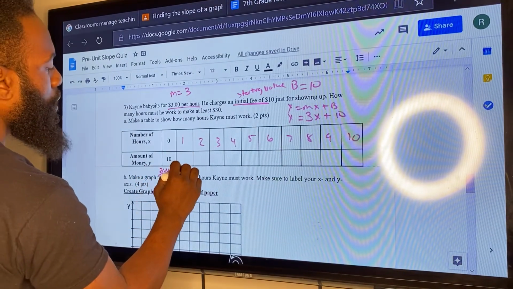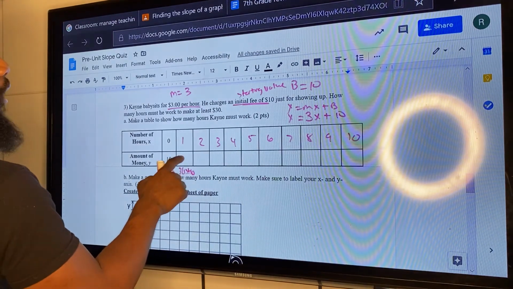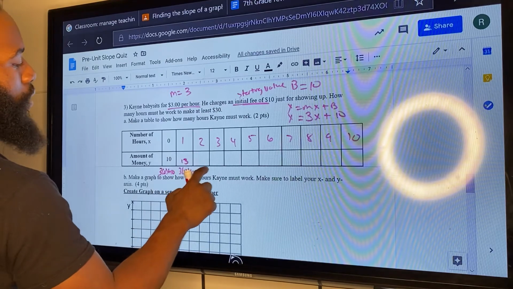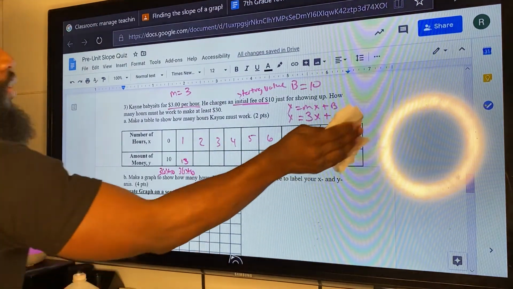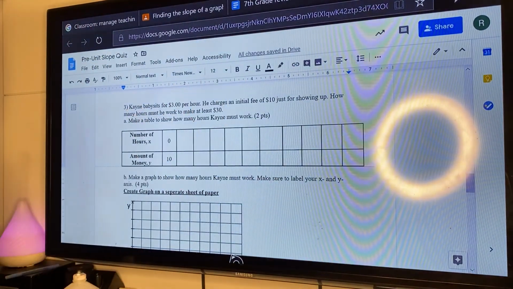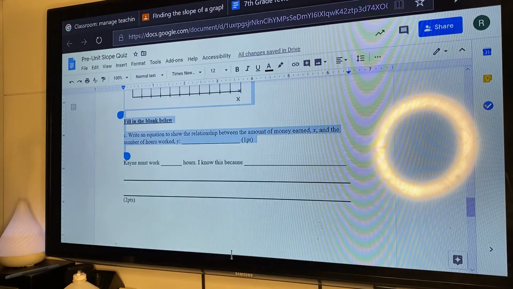Here will be 3 times 1 plus 10. That answer will give you the value of y. 3 times 1 is 3, plus 10 is 13. And you take it from there. You take the values of the table, you create your graph, and then you fill in the blanks.